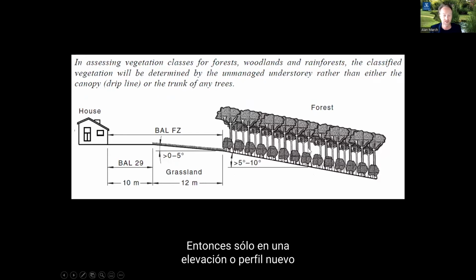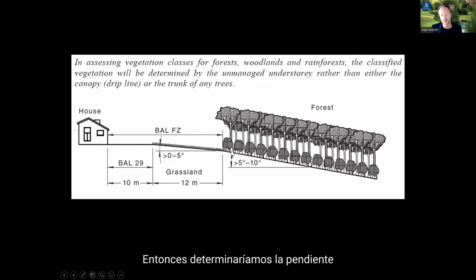Then, just in an elevation or profile view, we might have a house as the structure. We would then determine what this vegetation is. In this case, it's been determined as forest. I'll talk about those classifications in a moment.